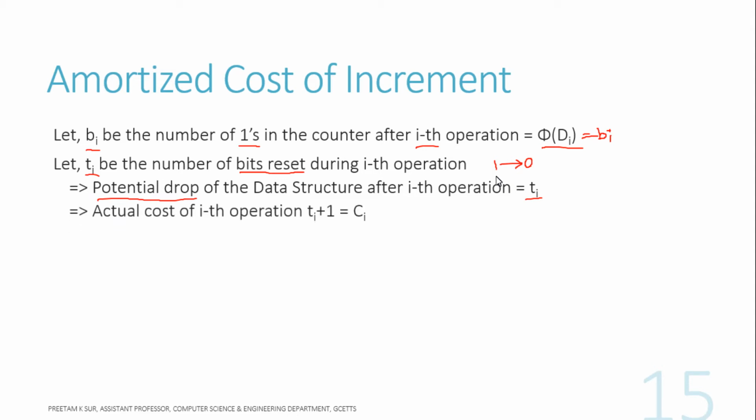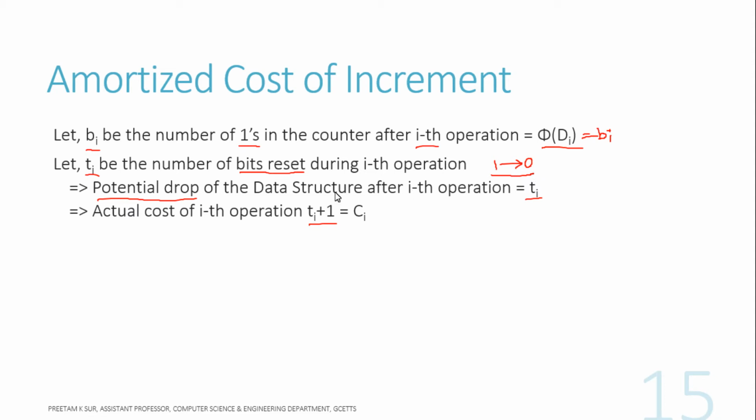You can also understand from this that the actual cost of the ith operation is going to be ti plus 1. Why? If you remember the definition of the increment operation, we have a loop where we are resetting the bits, making 1 to 0 in that loop.